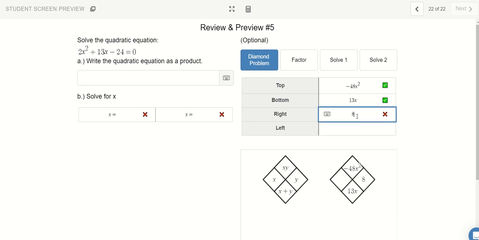No, that's not going to be it. 12 times 3. Closer. I think it's going to be 16 times 3. So I know 16 times 3 is going to be 48. And I want one of these to be negative, so I'm going to make the 3 negative. So notice that 16 times negative 3 is going to be negative 48. And 16 combined with negative 3 would be 13. All right, it completes my diamond problem.